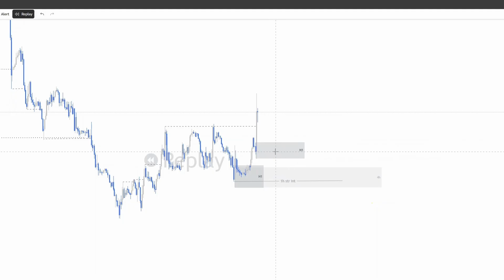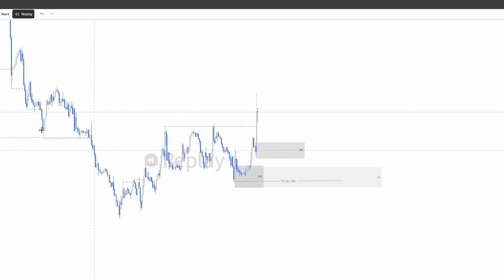Once price pulls back into this demand zone, there I will be looking for a buy to target this high. I'm not going to target here, I'm just going to target this high. So maybe I would get some 2R or 3R, depends. Usually I target 2R.